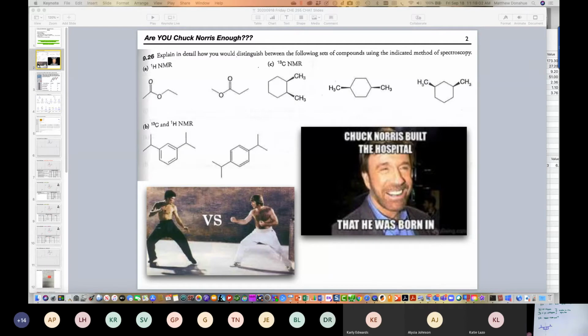What that means is that these carbons mirror each other on each side of the plane. So if I start here, I have a methyl that mirrors this methyl.